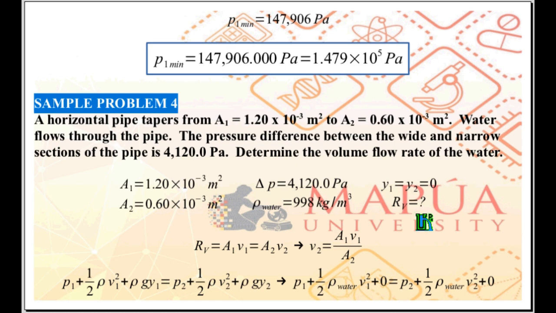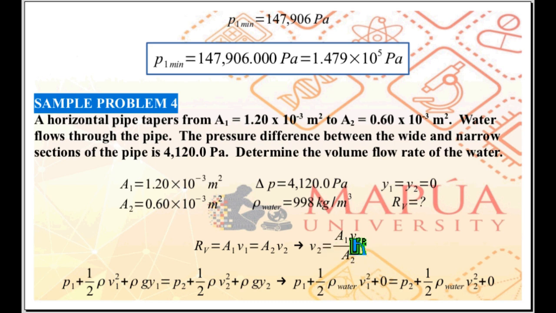The continuity equation tells us that the volume flow rate, RV, is constant and it's just equal to A times V. We have two locations, location 1 and location 2. So we have RV is equal to A1 V1 is equal to A2 V2. Isolating V2, we get V2 is equal to A1 V1 over A2.